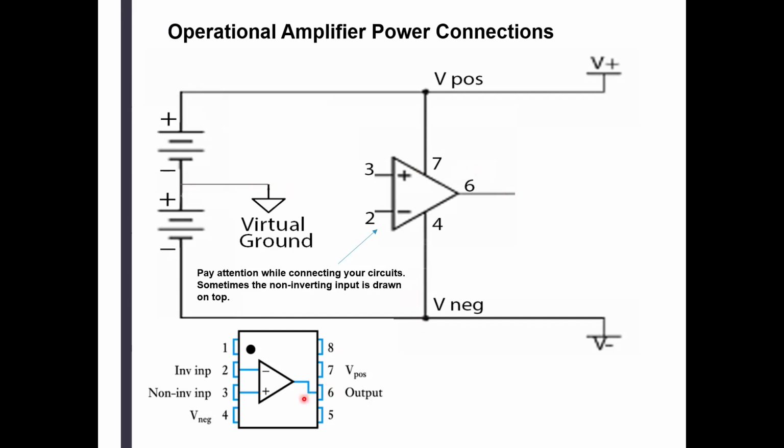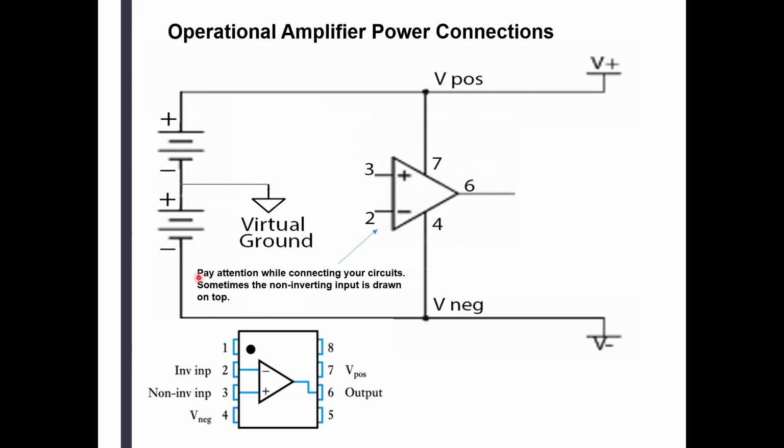There are different types of op amps, and some of them are designed to be connected from positive power extreme to negative power extreme. And some of them are designed to work with only one power supply. But for the most part, we're going to be working with these.